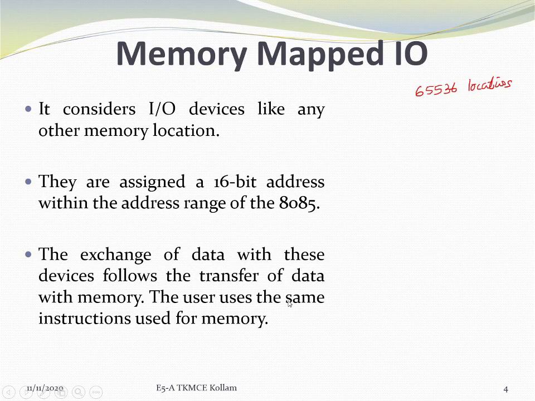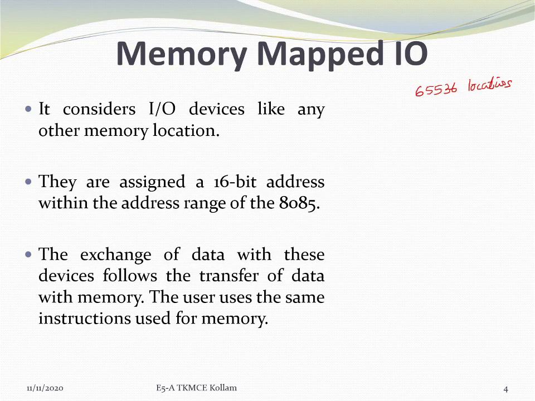Therefore, the user uses the same instructions used for memory related operations. So in order to take data from memory into accumulator, we have a lot of instructions. Such instructions we can utilize in order to take data from I/O device.